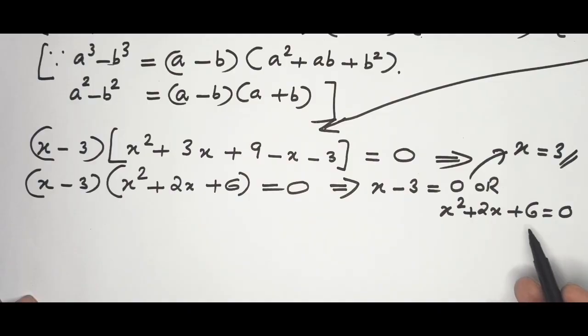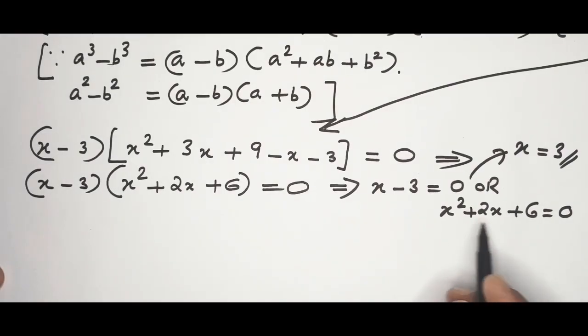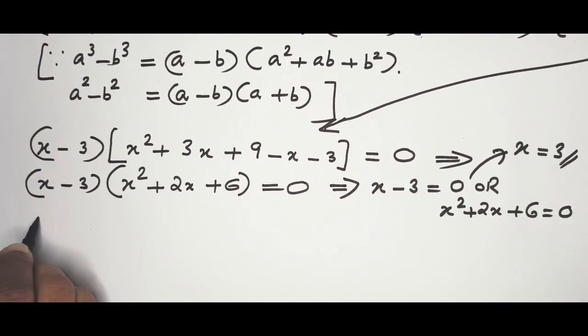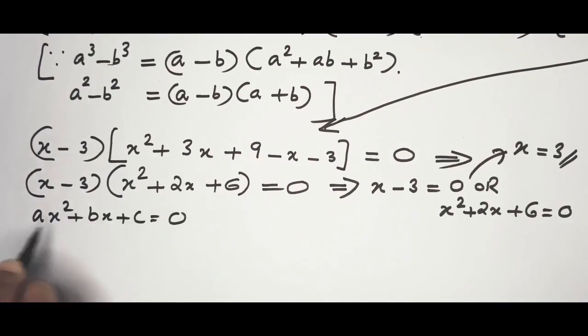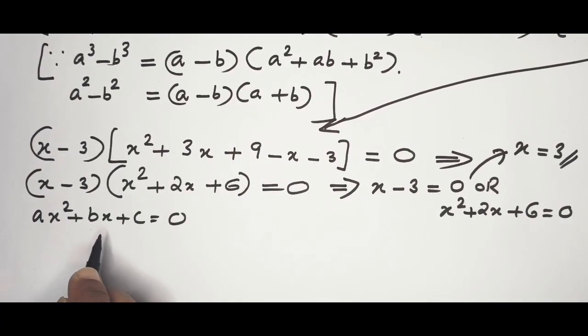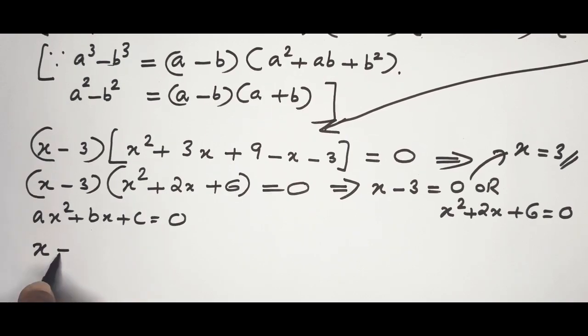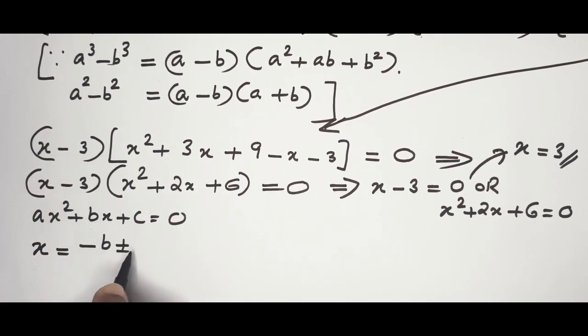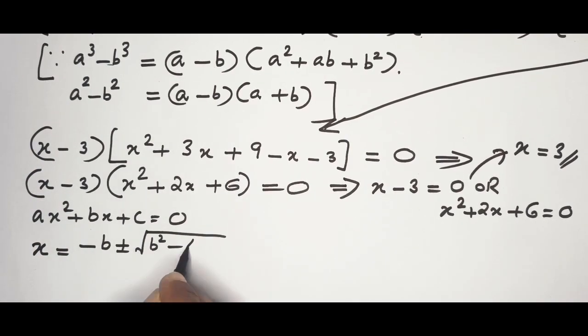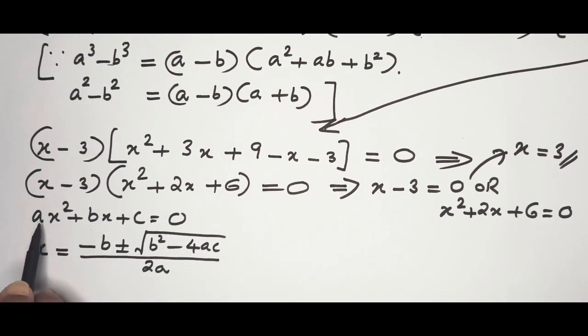Now we will solve this quadratic equation, x squared plus 2x plus 6 equals 0, to get the other 2 solutions. Okay. Let me use the formula method to solve this quadratic equation. See, this is the general form of a quadratic equation, and the roots are given by x equals minus b plus or minus square root of b squared minus 4ac, divided by 2a, where a, b, c are the coefficients of this general quadratic equation.